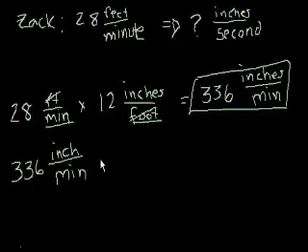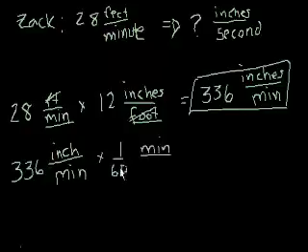We know that 1 minute, and notice I write it in the numerator here because I want to cancel it out with this minute here. 1 minute is equal to how many seconds? It equals 60 seconds. Right? And this part can be confusing, but it is always good to just take a step back and think about what I'm doing. If I'm going to be going 336 inches per minute, how many inches am I going to travel in 1 second?